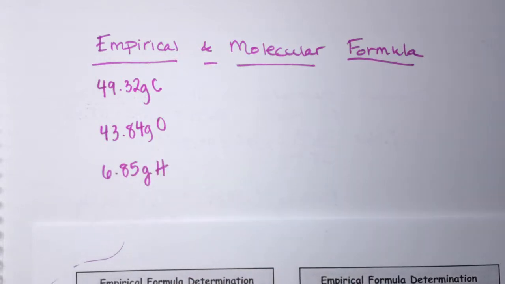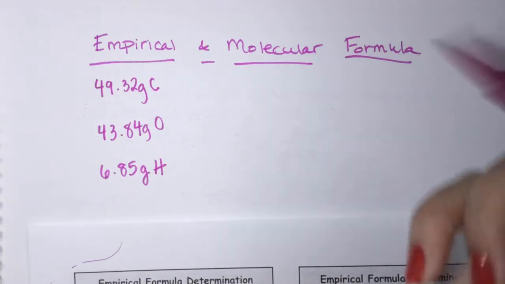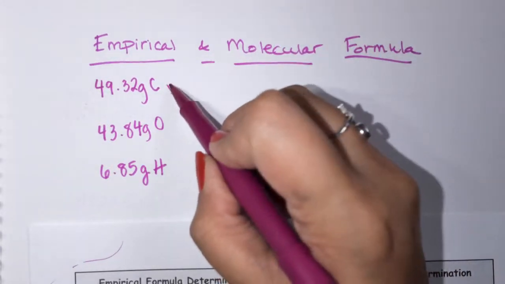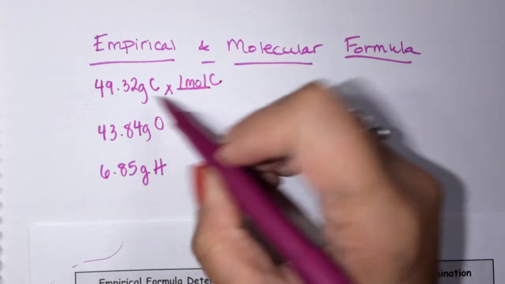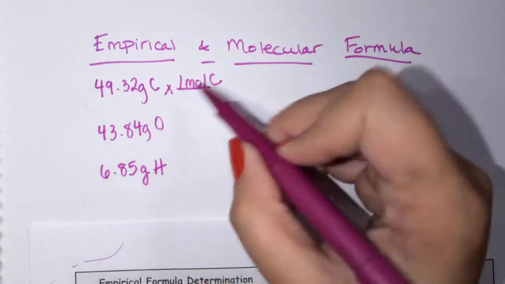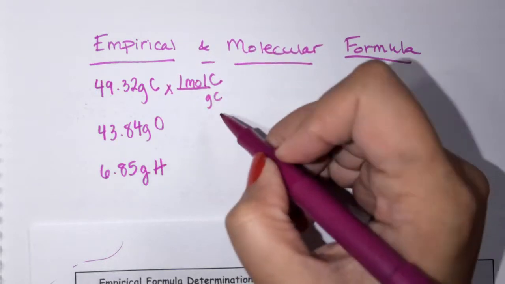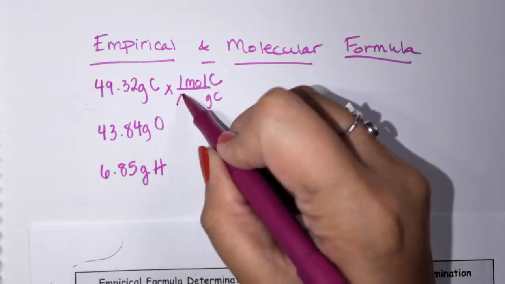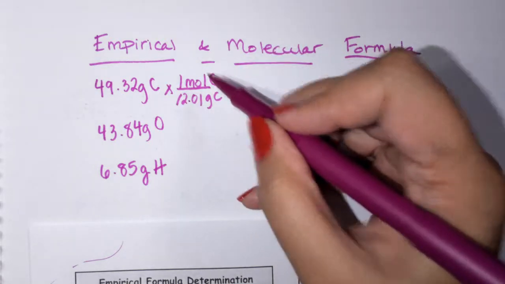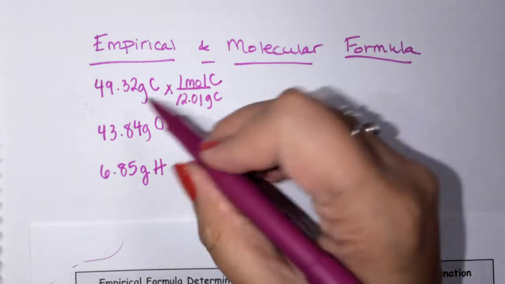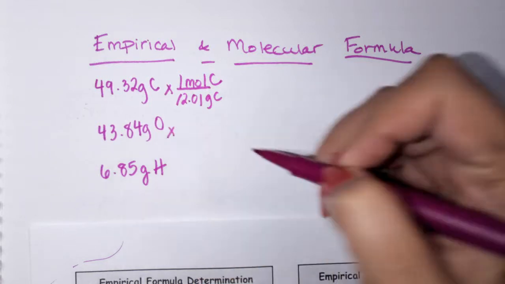And so step 1 is to convert these to moles. You guys already should know how to do this. It's our simple mole conversion. I convert to moles, so I want 1 mole of carbon at the top. And I want to get rid of grams, so I'm going to put grams of carbon on the bottom. And this we pull from the periodic table. This is our molar mass, grams per mole. So 12.01 for carbon.